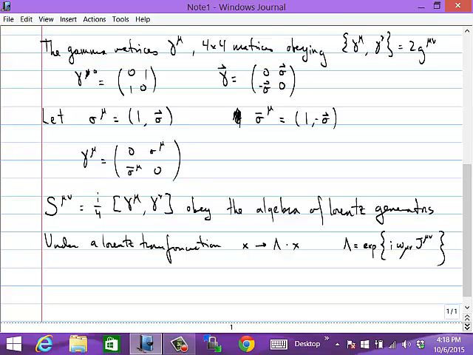Under such a Lorentz transformation, the spinors are not invariant, but rather transform by the action of a matrix, which we called lambda to the 1/2. So in addition to the point x transforming in the usual way, the 4-component spinor gets multiplied by a 4x4 matrix that we call lambda to the 1/2.